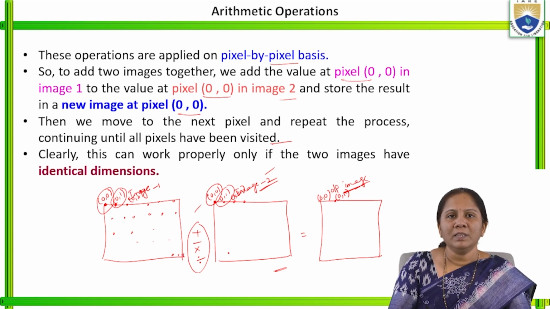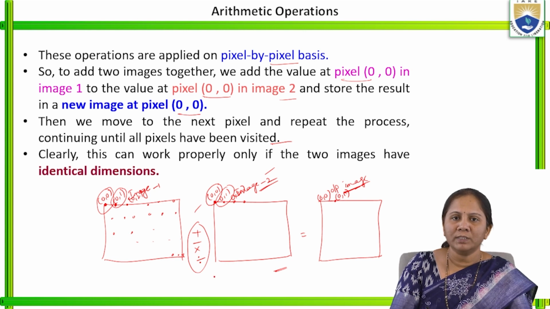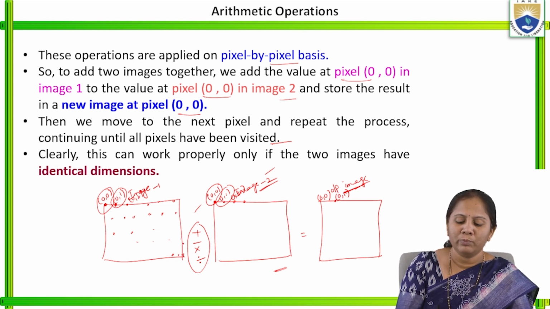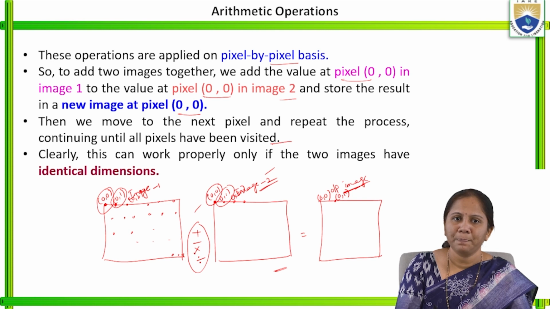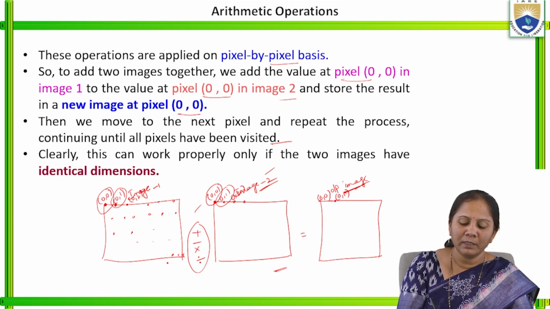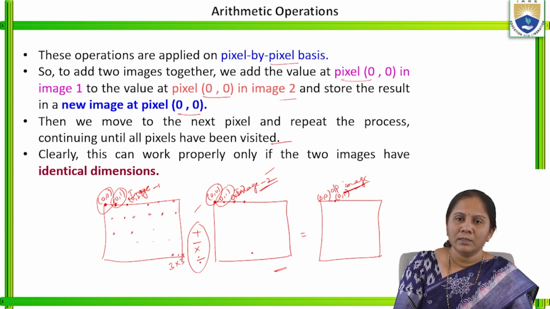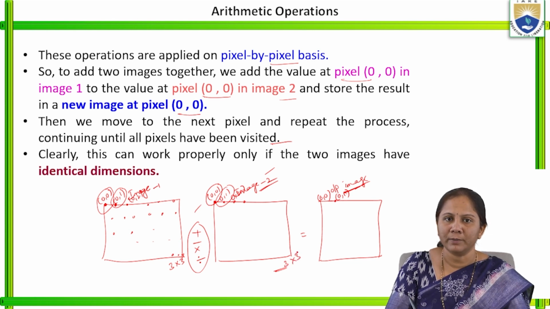While performing this operation, we have to see that the dimensions of both the images should be the same. For example, if this is a 3 by 3 image, image 2 should also have the same dimensions, that is 3 by 3.